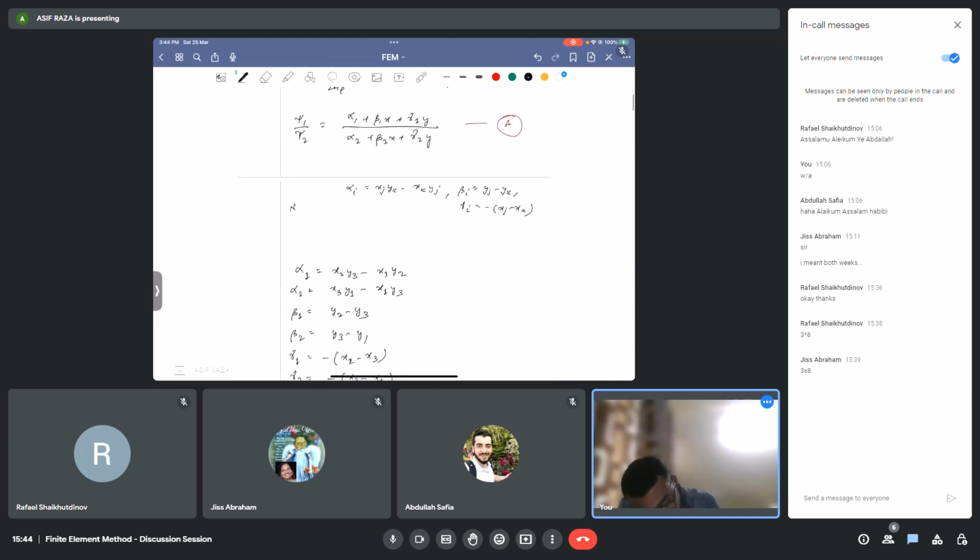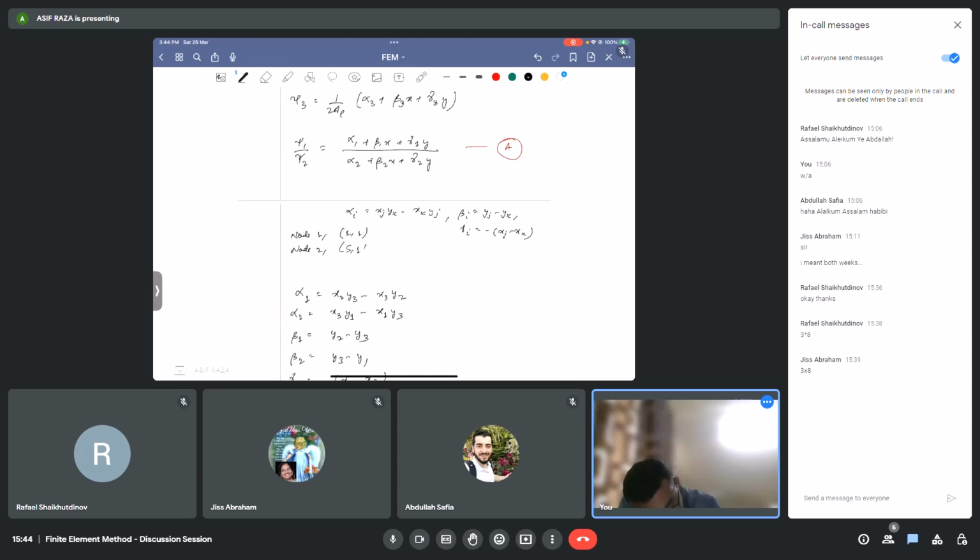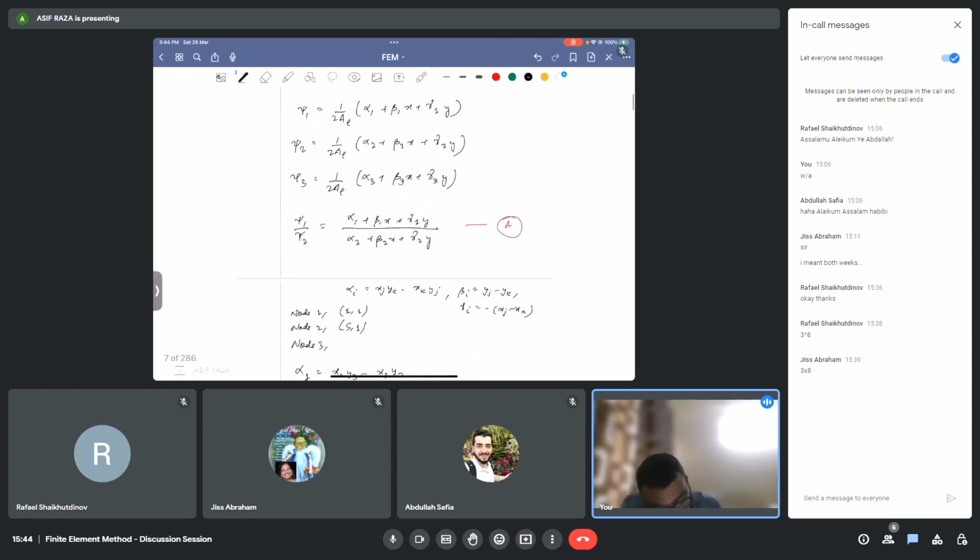Node 1 has coordinates 1 comma 1, node 2 is 5 comma 1, and node 3 is 2 comma 4.